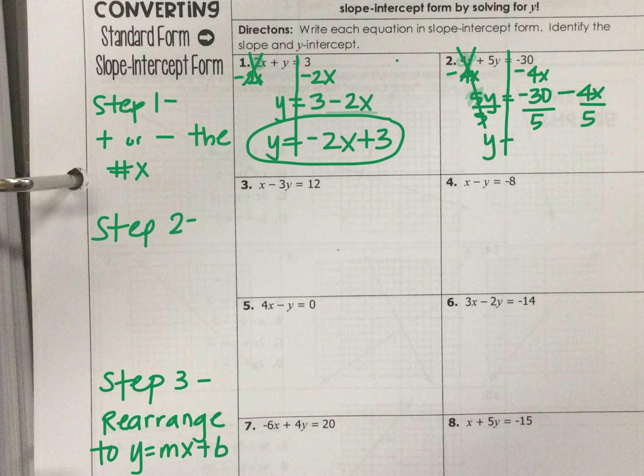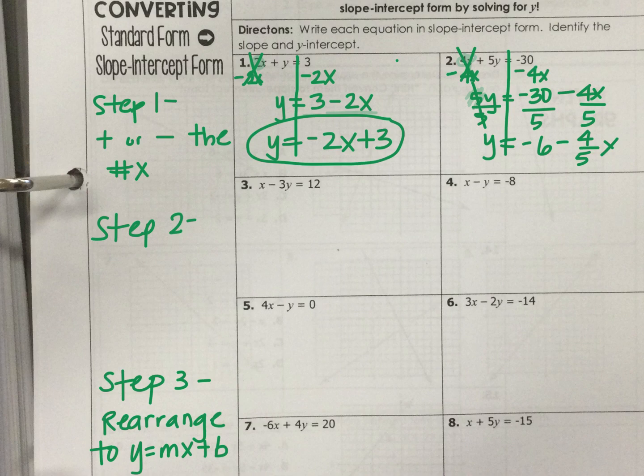So I have y by itself, equals negative 30 divided by 5 is a negative 6, minus 4 divided by 5, that gets you a decimal, so we're just going to leave it 4/5 x. Now we do step 3, we rearrange.